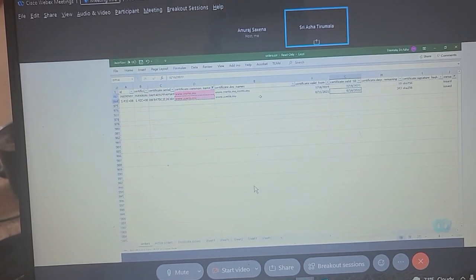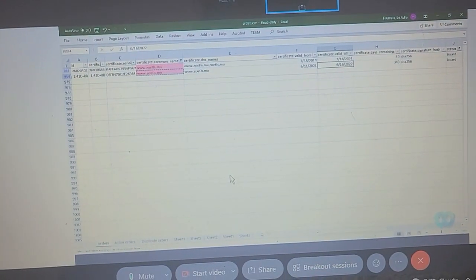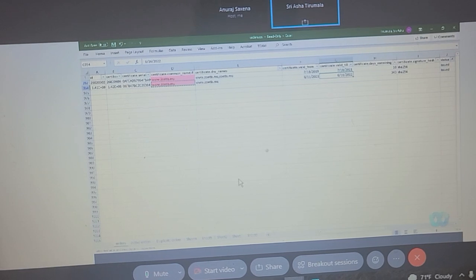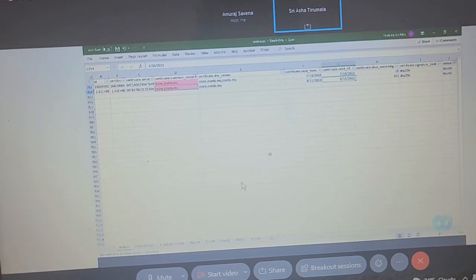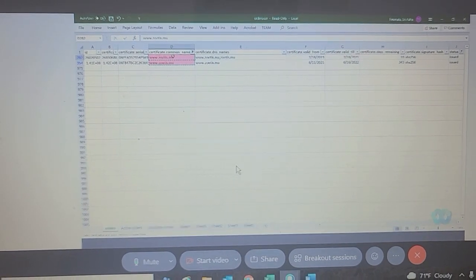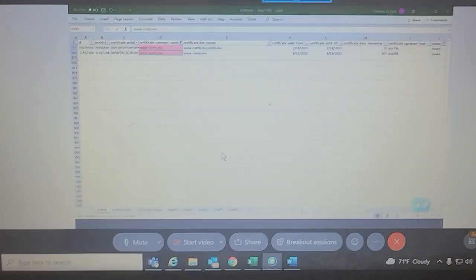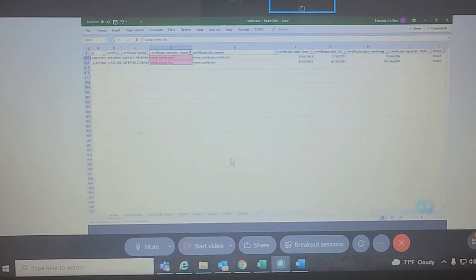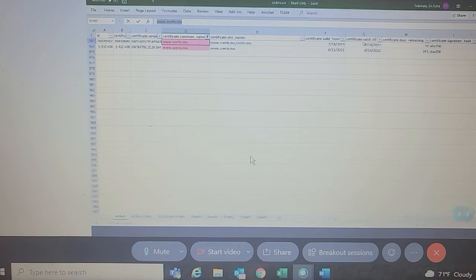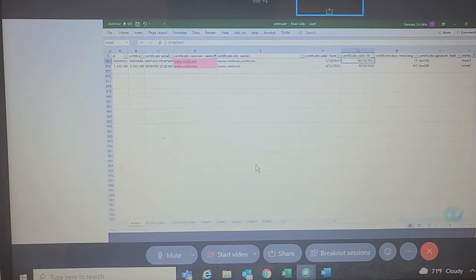For example, let's say last Friday, on July 2nd, this would have come up in our certificate reminder notification saying that this is going to expire in the next 10 days.